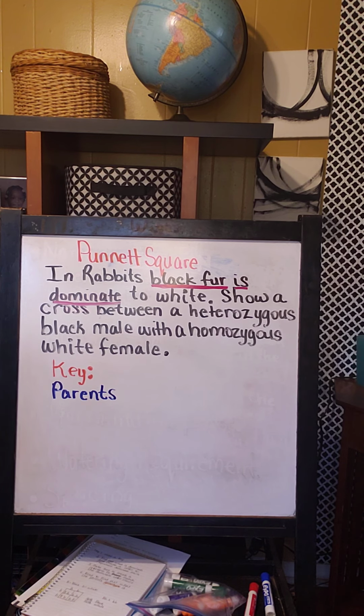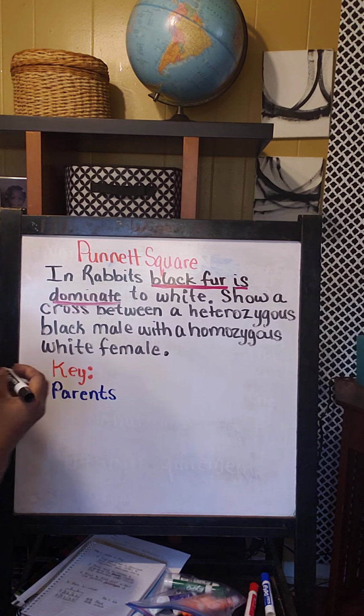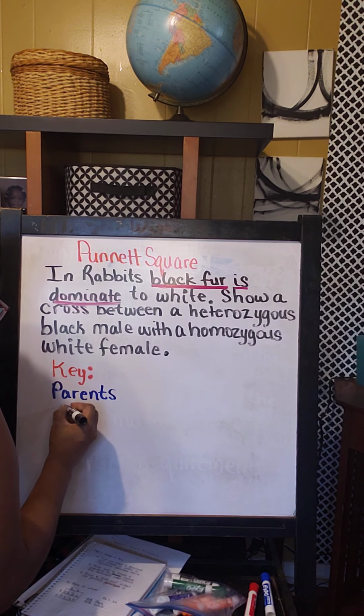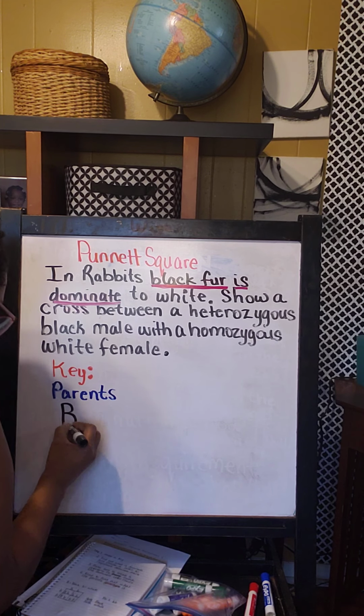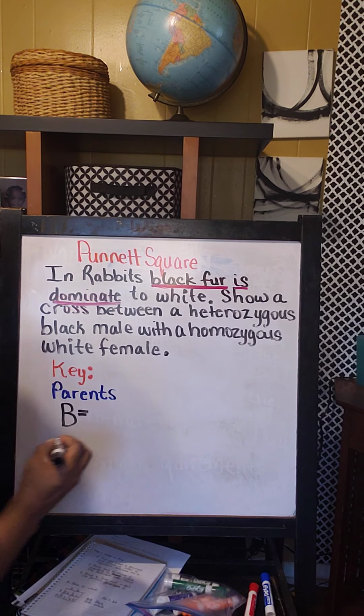In our question, the dominant is black fur. You can choose whatever letter you want to represent black fur, okay? In this example, I am going to choose the B because it's a letter where you can tell the difference between the capital and the lowercase. Okay, so this is dominant for black.